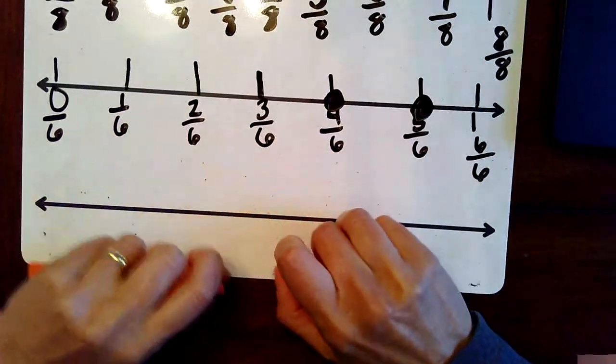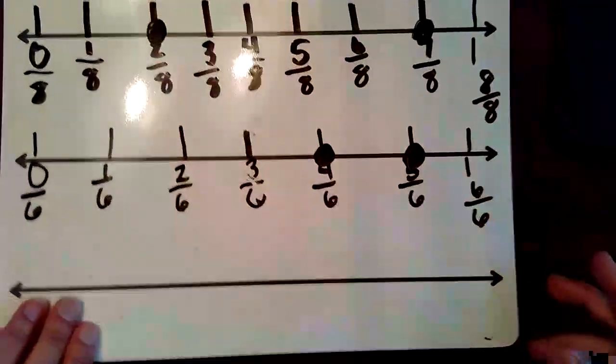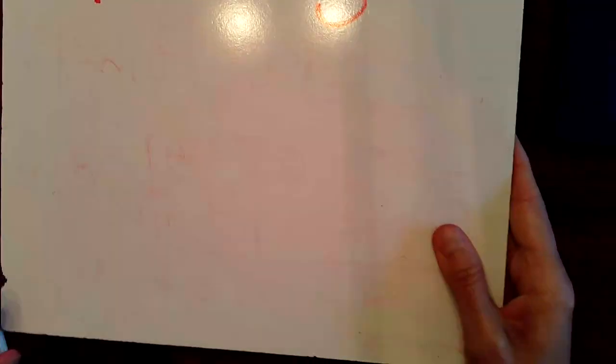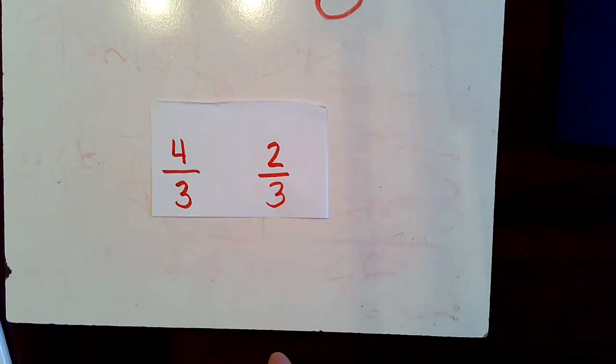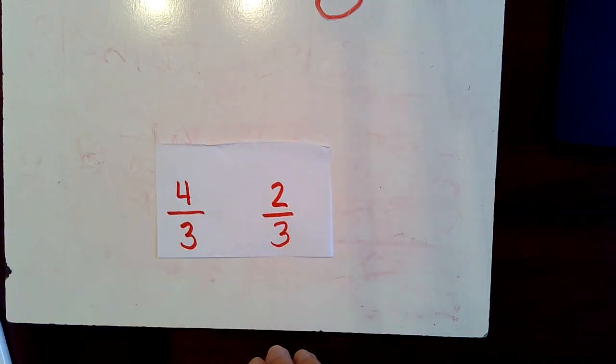Now for the next one, I'm going to move the number line out of the way, and let's look at these two fractions. 4/3 and 2/3. So think about that one.